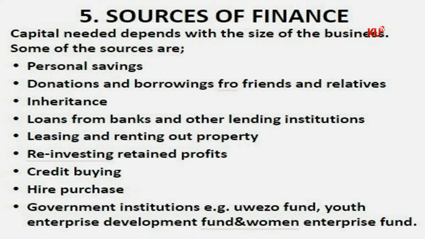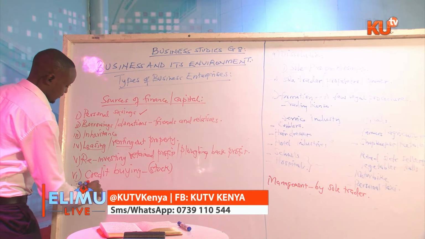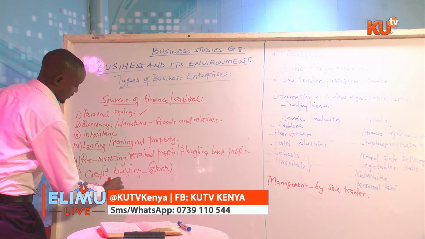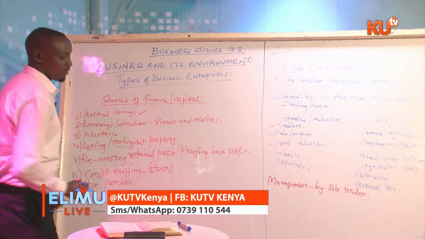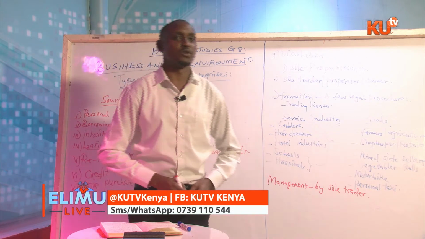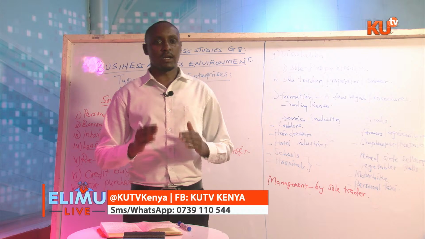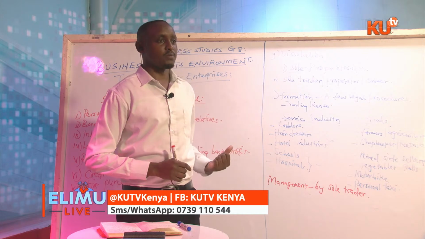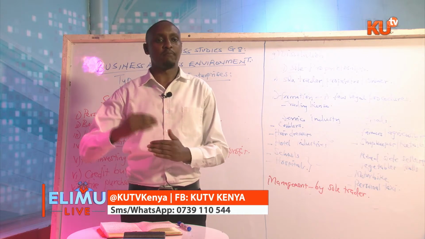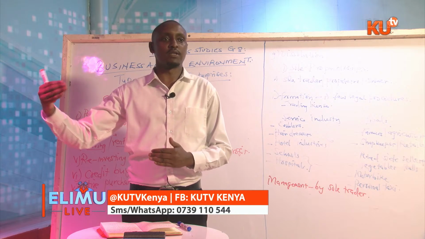That is credit buying. And on the same, another source becomes hire purchase. Let's say you don't have all the money that you need to get your stock. So you can go pay a small initial deposit and then pay the rest of the money in small installments.